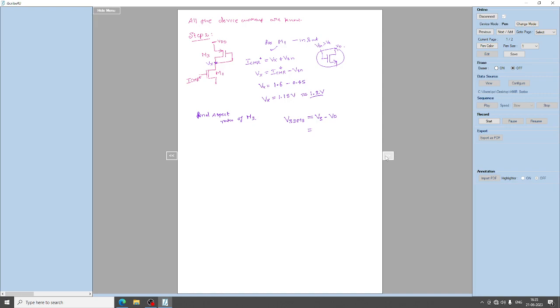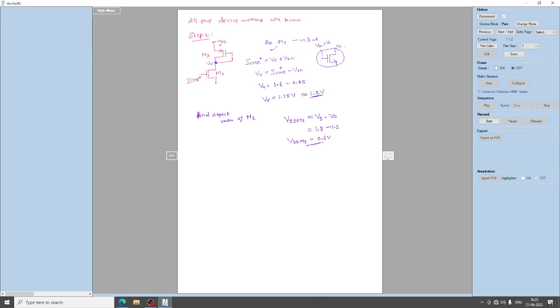Vs is the source terminal, which is VDD 1.8, minus the drain voltage Vx, which is 1.2 volt. So your VSD for M3 you get as 0.6 volt, right?